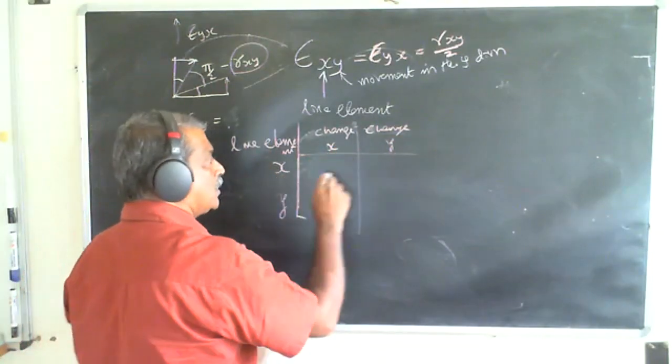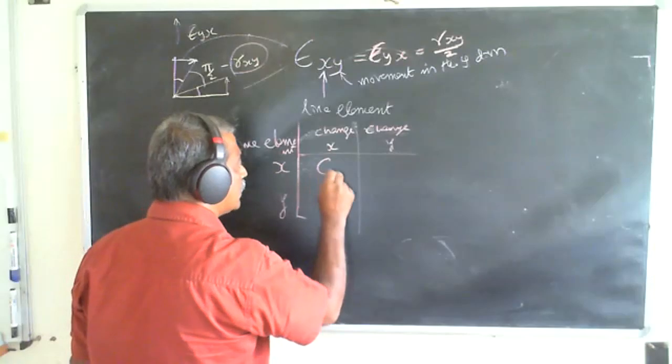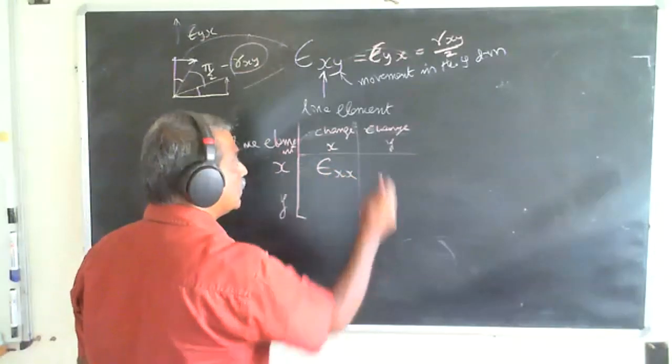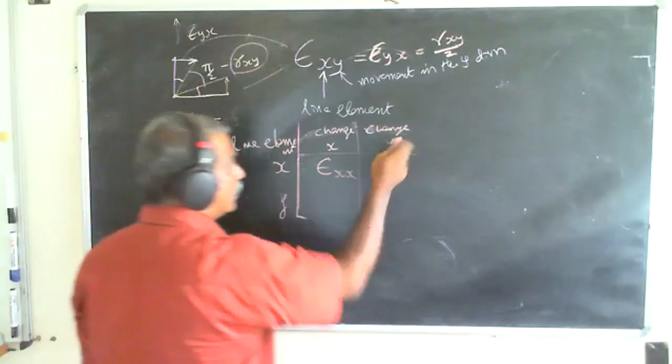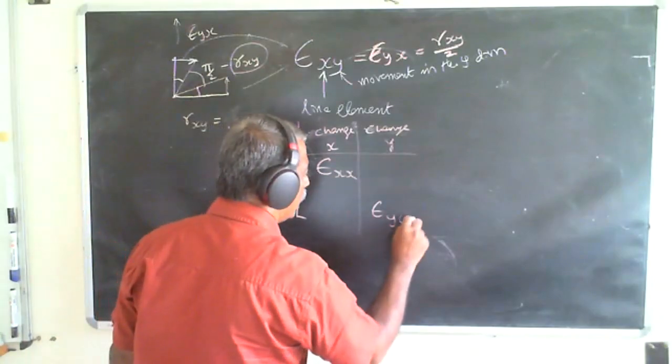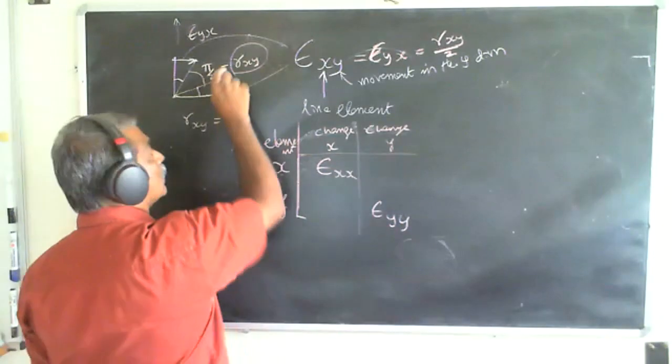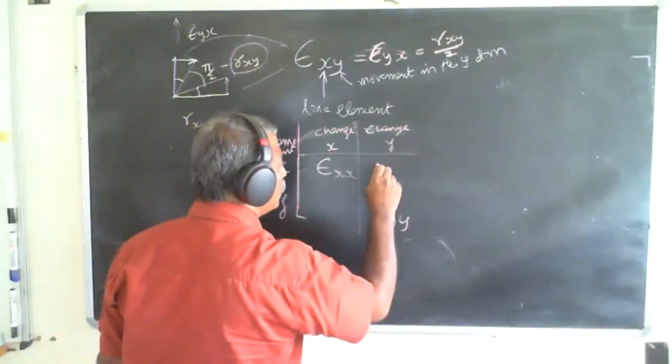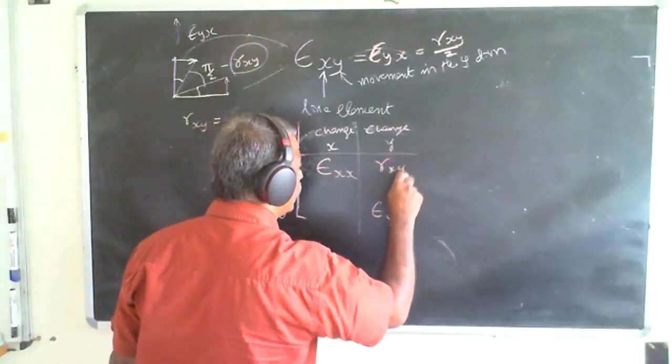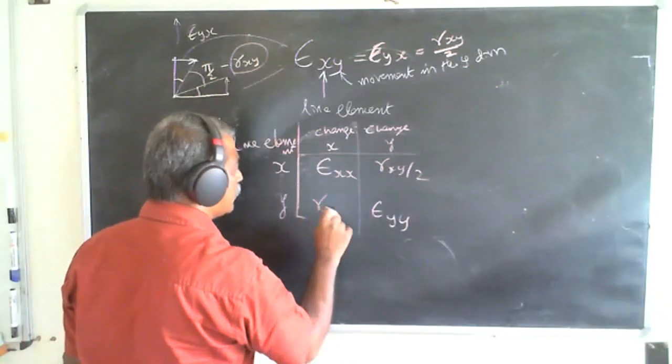If I have the X element taken and there's an elongation in X direction, then I'll call it epsilon XX. Similarly, the y element change is epsilon YY. And for the change of x with y, I'm going to now call it gamma xy by 2.